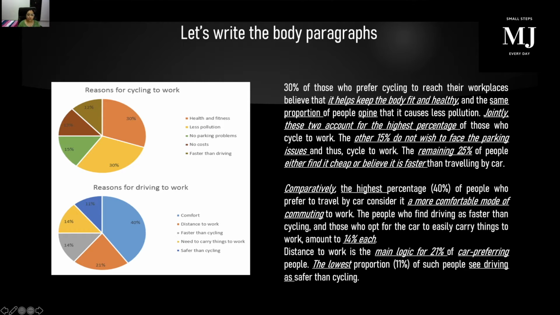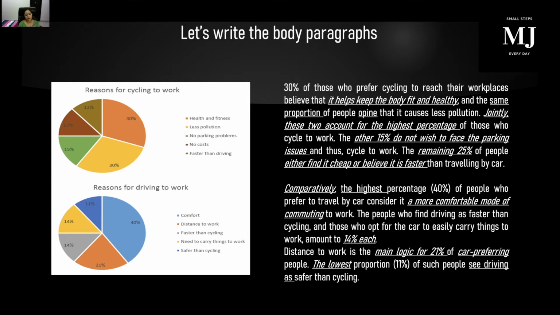So the remaining 25% either find it cheap, no cost, okay, or believe it is faster than traveling by car, faster than driving. Getting my point? So be smart and use this strategy. Got it? Especially the remaining 25% one. Opine is a great one, guys. Jointly the highest percentage. These are certain peculiar things I want you to notice.